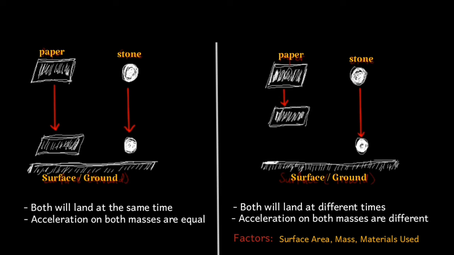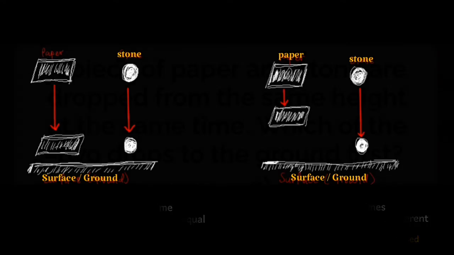In this very case, the paper has a wider surface area than the stone, and so the stone will land first. This is because the larger surface area of the paper would subject it to more air drag or air resistance. So depending on the scenario, we would be able to determine with certainty which of the two materials will fall first.